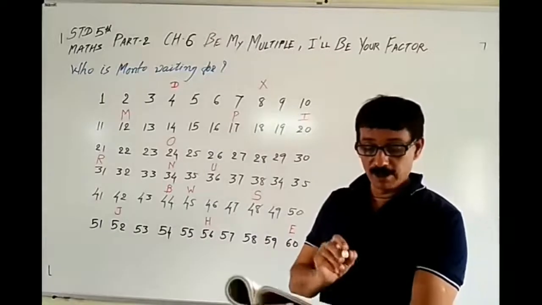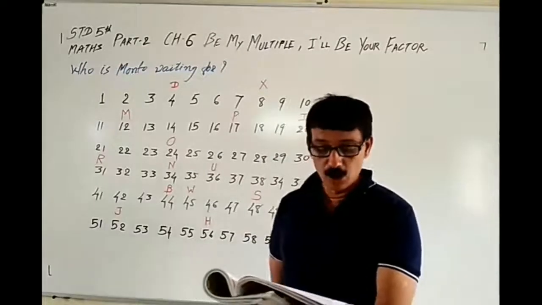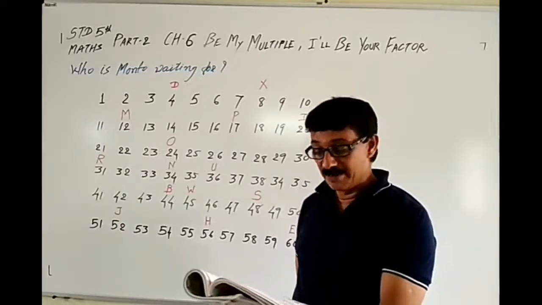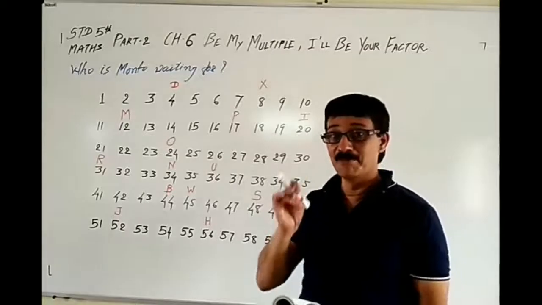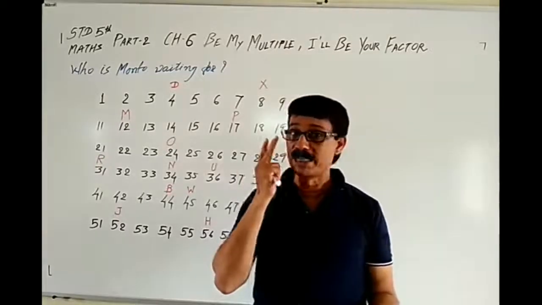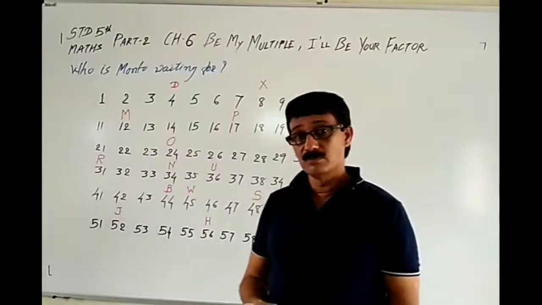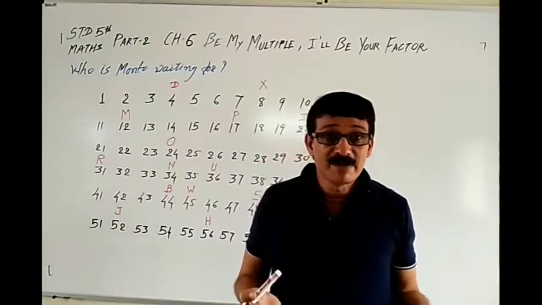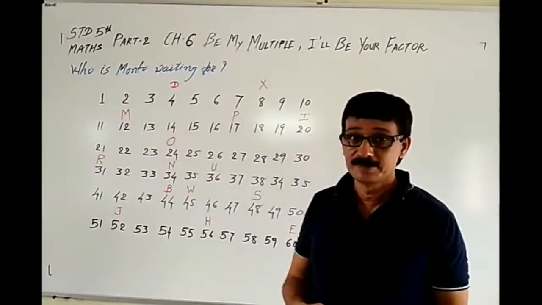First of all, read that. Mark with a red dot all the numbers which can be divided by 2. We want to mark the numbers which can be divided by 2 with a red dot. Now, which numbers can be divided by 2? Do you know? There is a trick.